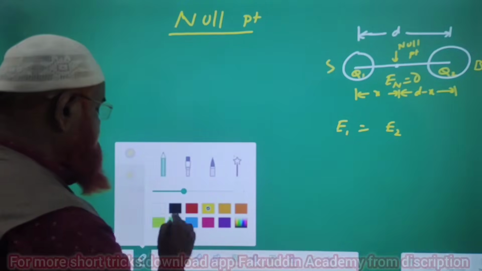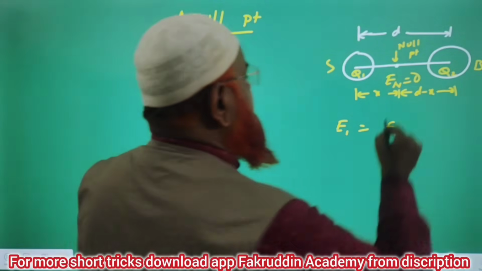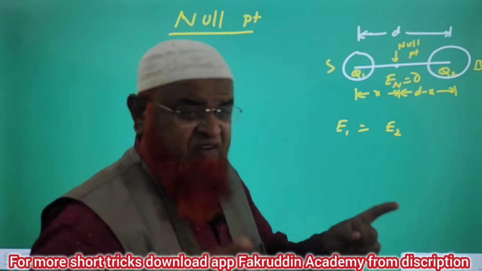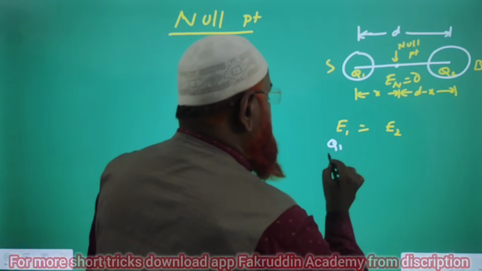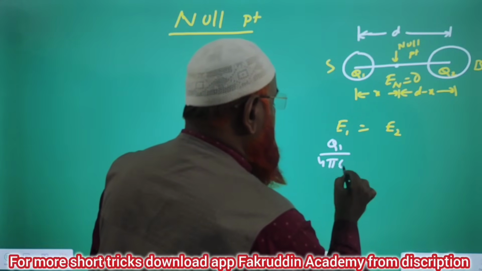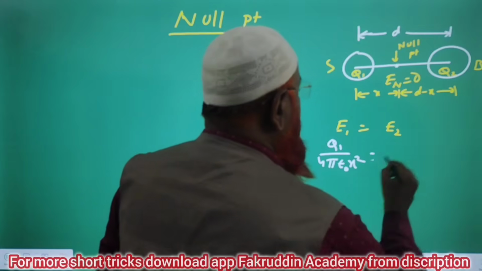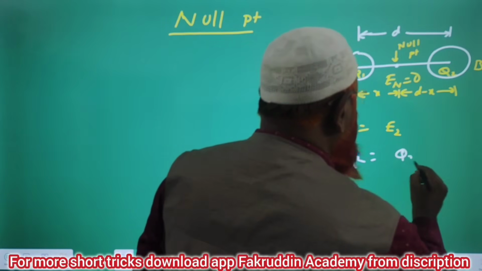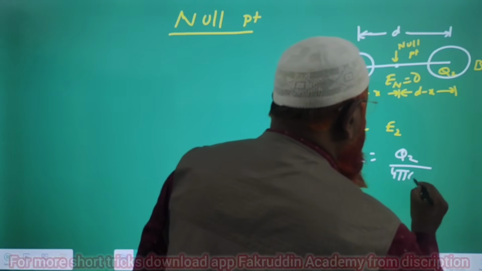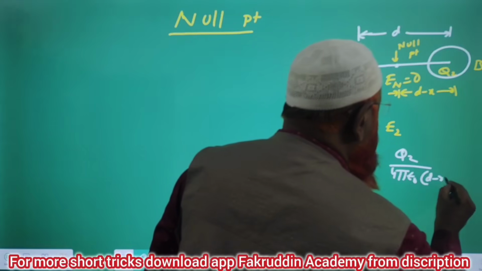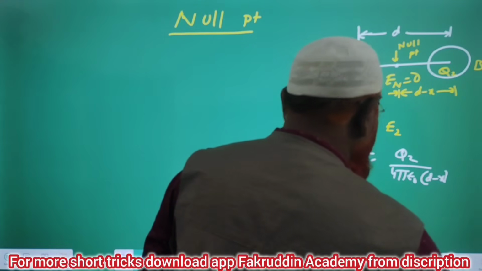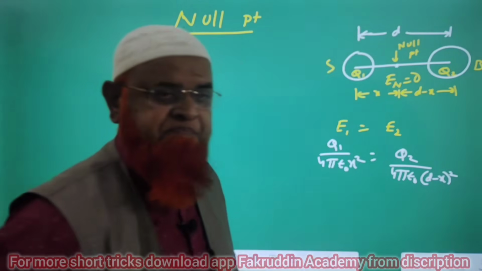Then here, you all know the formula for electric field intensity is nothing but q1 by 4 pi epsilon naught into x square. From here to here it is x square, and for the second charge, taken as q2, it is q2 by 4 pi epsilon naught into d minus x whole square.